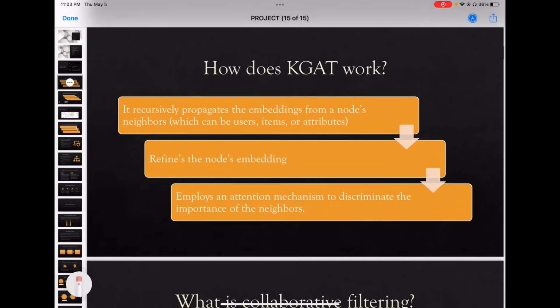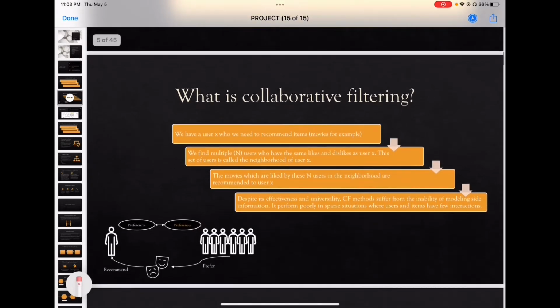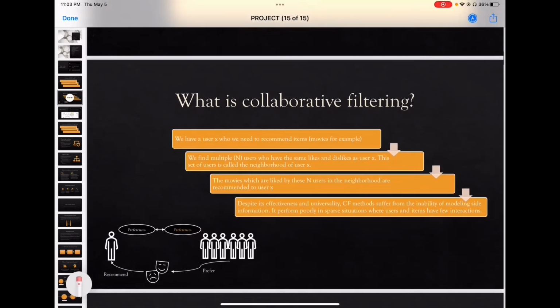To predict user preference from a key and widely available source of user behavior data, much research effort has been devoted to collaborative filtering. Now, what is collaborative filtering? We have a user X who needs recommendations, movies, to take an example.